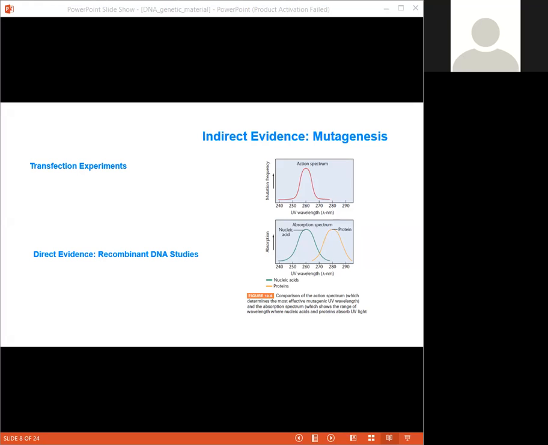Okay. So now, what is the transfection experiment? See, these are the proof that DNA is the genetic material. The transfection experiment says that if we apply some enzyme so that the covering outer boundary is removed, then what will we get?